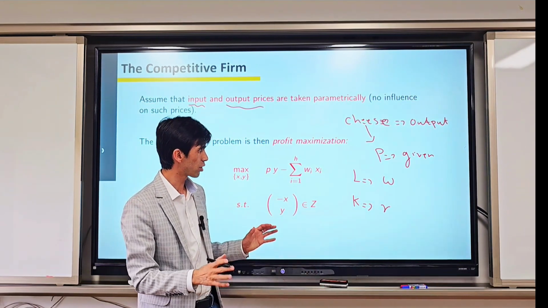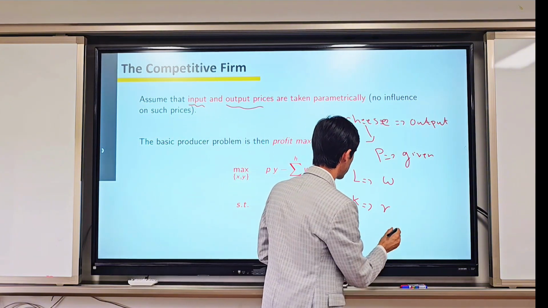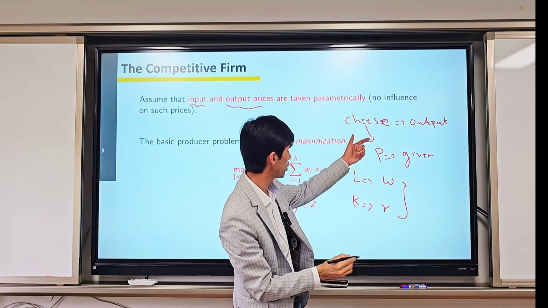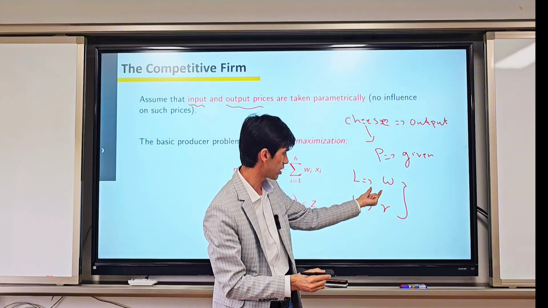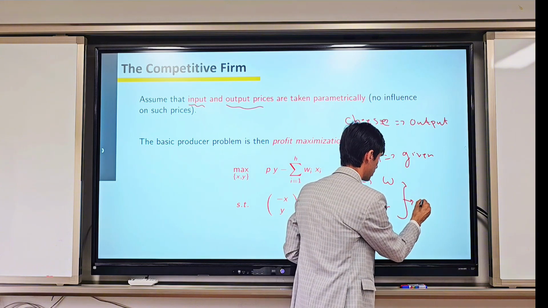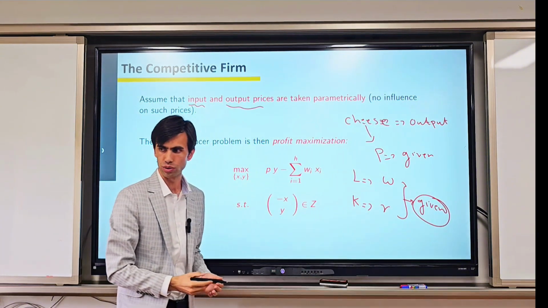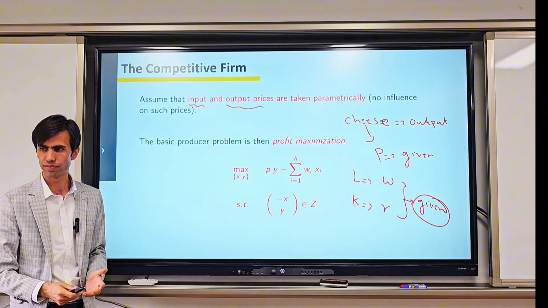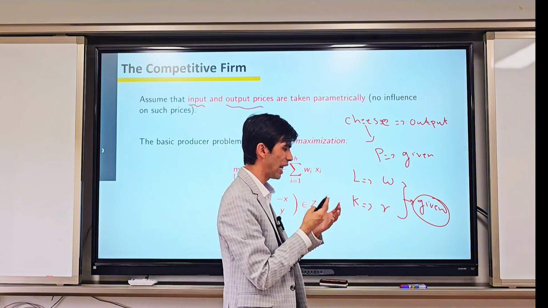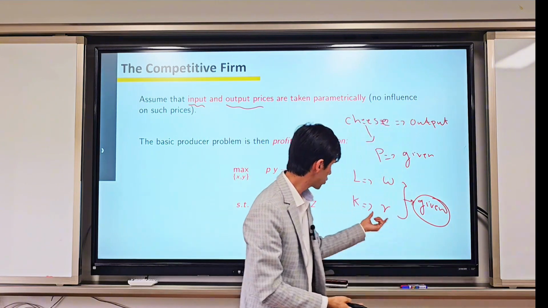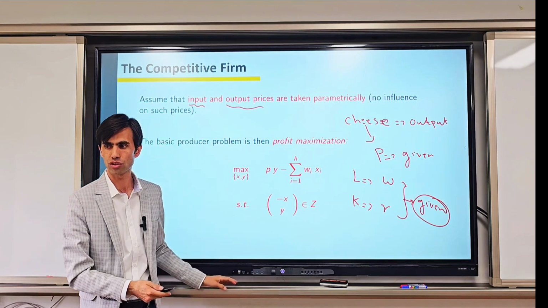So for the perfect competitive firm, the price of final output, which is your cheese, is given, and also the prices of labor and capital, W and R, are also given. You do not have the power to change them. You have to set your maximum level of output based on the given input and output prices to maximize your profit.